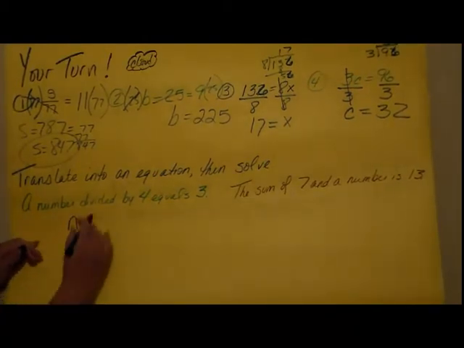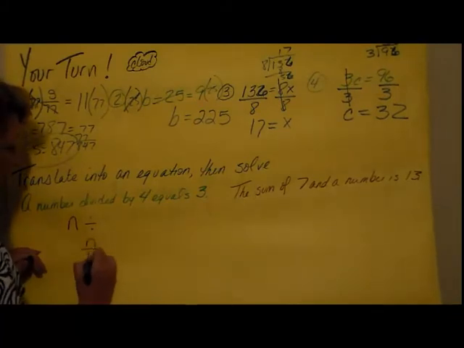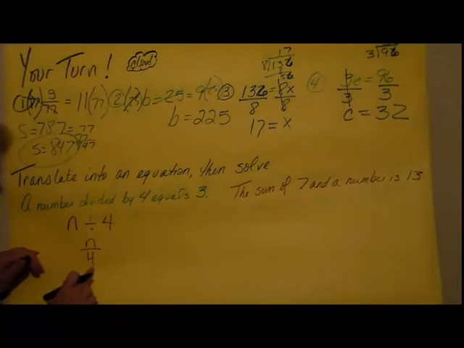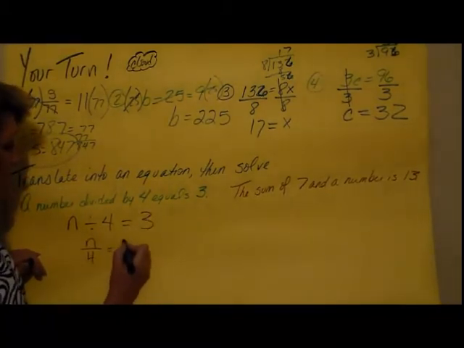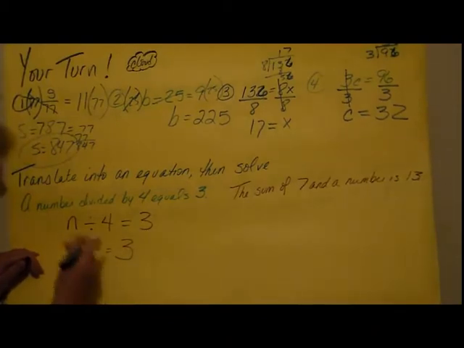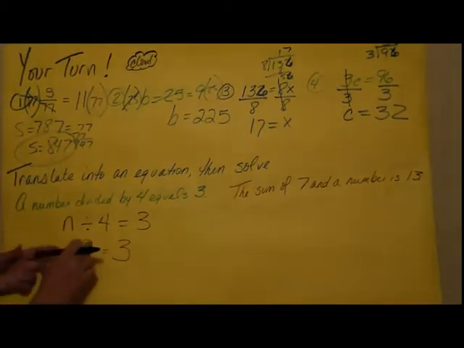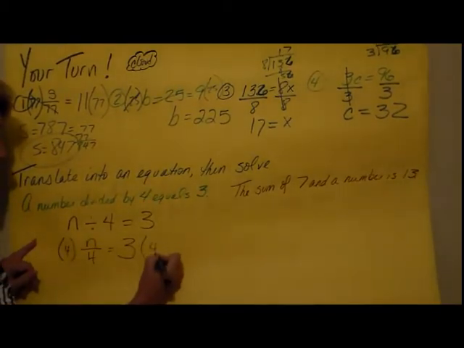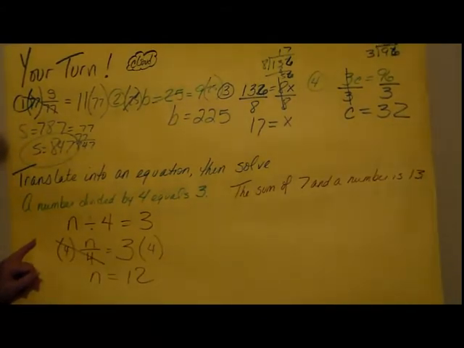N divided by 4, and you can write it like this, or you can write it like that. I don't care which way you write it. Equals 3. And now you have to solve it. I have a 4 dividing my n. I've got to multiply each side by 4 so that those go away, and I have n equals 12. Got me?